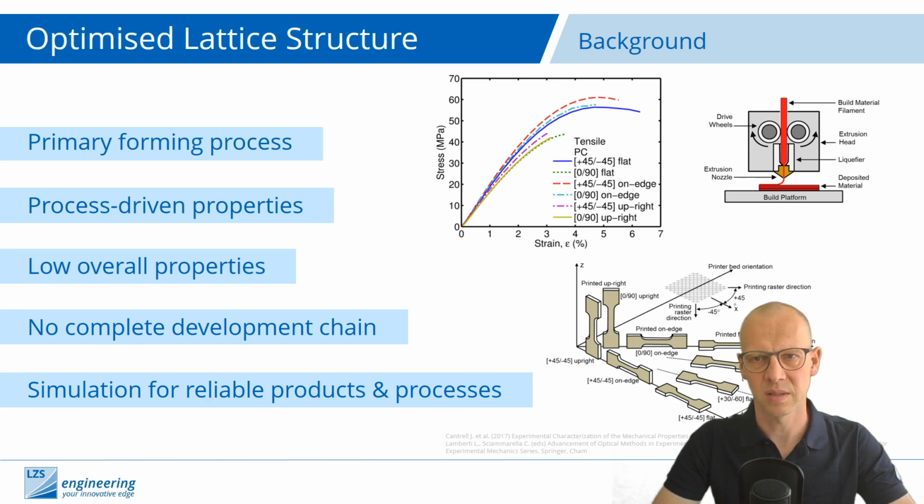The trouble 3D printing and additive manufacturing gives you is that it's a primary forming process, and the material itself it generates has a really strong influence of the process.